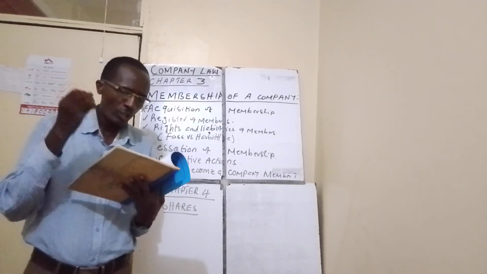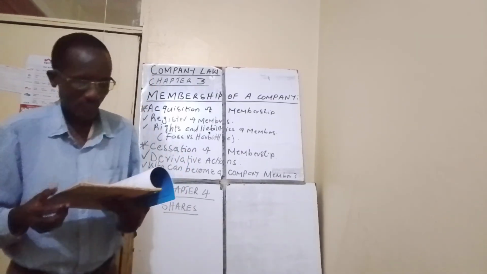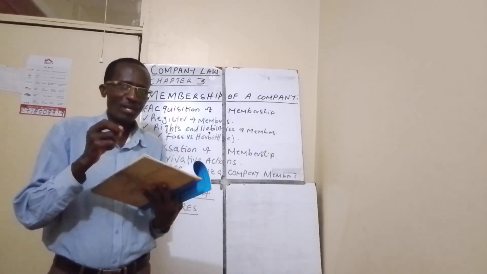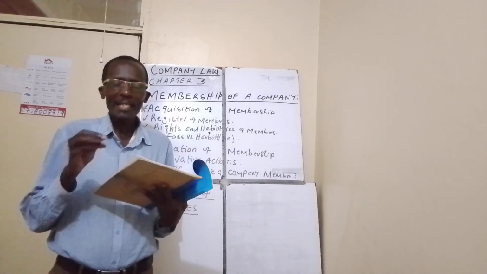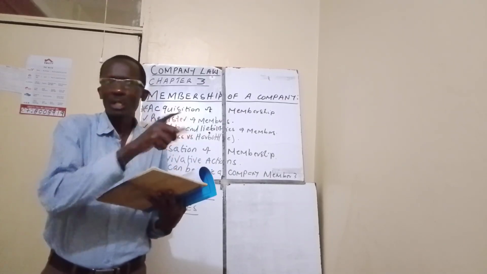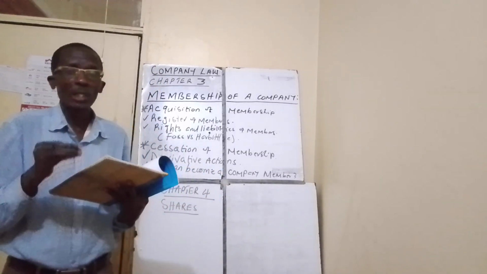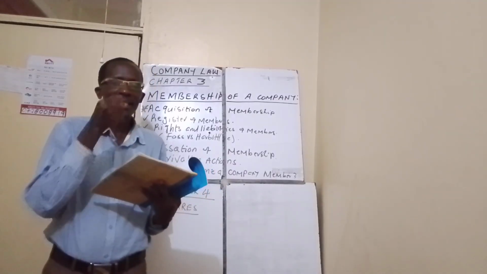So you will be looking at the issue and allotment, then transfer and transmission. Transfer of shares is voluntary, as in when you purchase shares from an existing shareholder. Note that with a transfer, you are not purchasing from the company, you are purchasing from an existing shareholder.